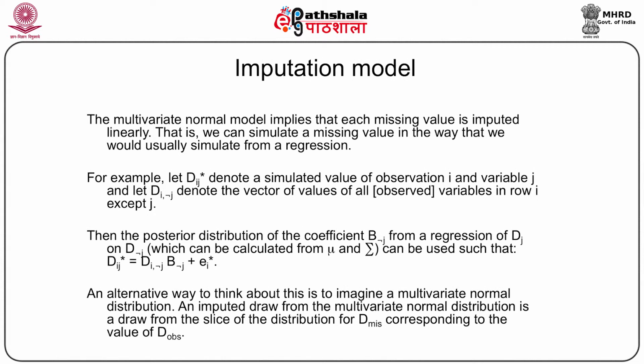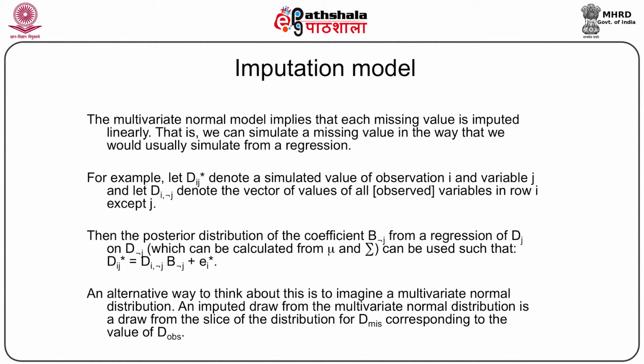So his imputation model states that the multivariate normal model implies that each missing value is imputed linearly. That is, we can simulate a missing value in the way that we would usually simulate from a regression. For example, let d sub ij star denote a simulated value of observation i and variable j, and let d sub i,minus j denote the vector of values of all observed variables in row i except j.